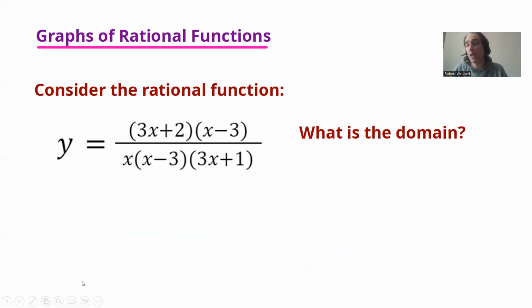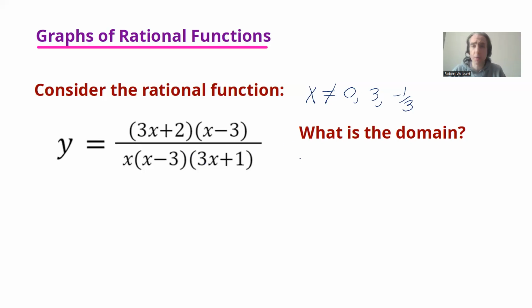So if you talk about domain, remember your restrictions were x cannot equal 0, x cannot equal 3, and x cannot equal negative 1/3. Let me write that down here for a minute. x cannot equal the following numbers: 0, 3, and negative 1/3. So as far as your domain goes, you'd want to say basically every number you can plug in except those values.